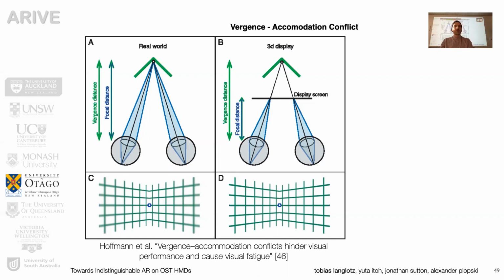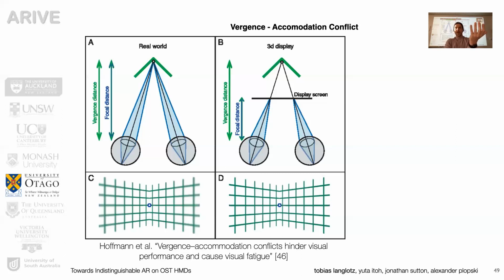And in the real world that works. I just checked here and I can still see the people sharp with the help of the contact lenses that I'm wearing. But there's a problem on optical see-through head-mounted displays because they work differently. As you see on the right-hand side, we have a display screen that has a fixed distance, for example, I think 5 meters or 7 meters. So it's quite far away, even though I might show objects that are, again, in my hand, like this apple.